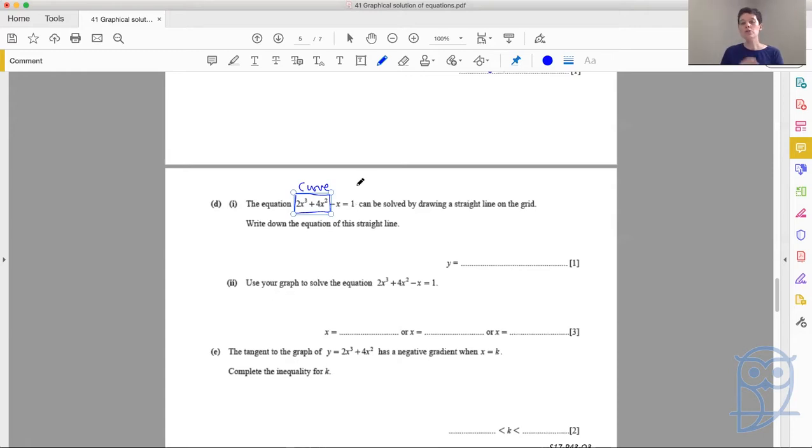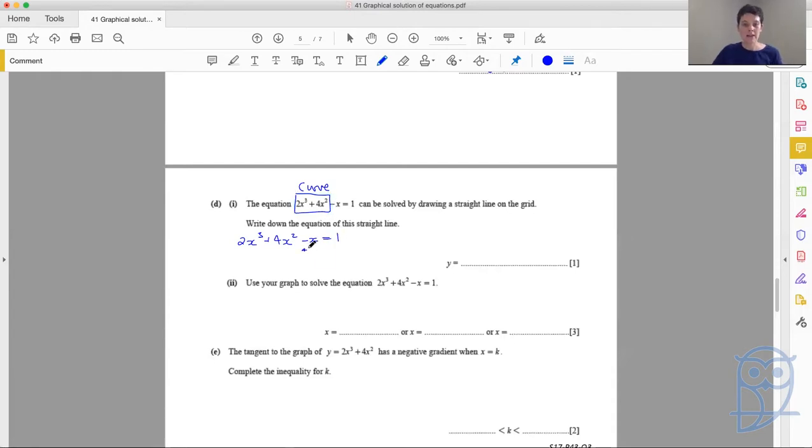So in order to be able to solve an equation, we would need to have curve equals line. Well, we don't have that at the moment because we have this problematic minus x stuck on the wrong side. So we need to move that minus x onto this side. So 2x cubed plus 4x squared minus x equals 1.